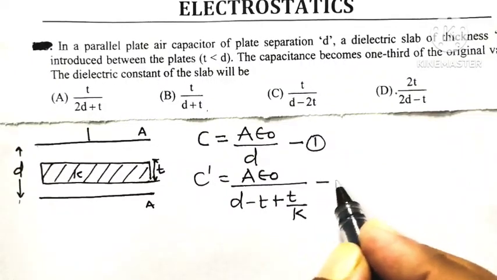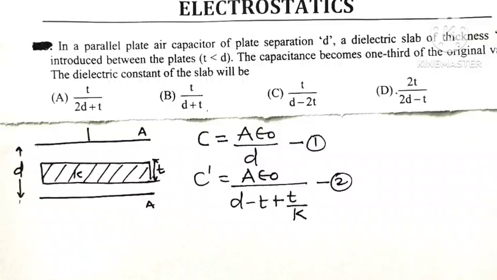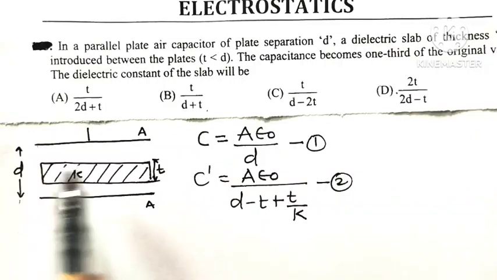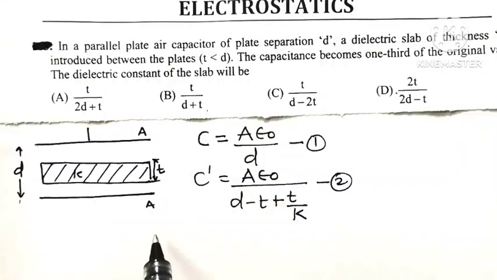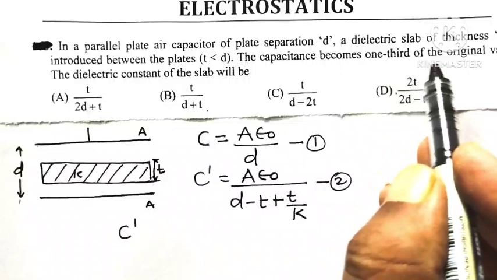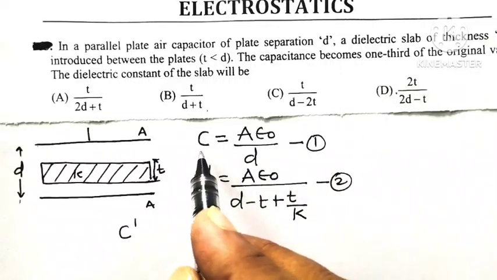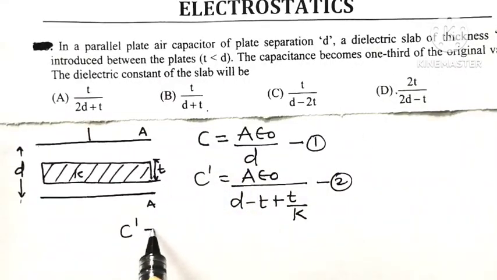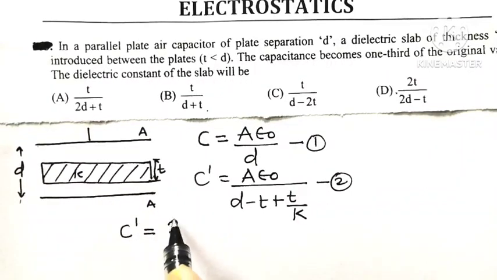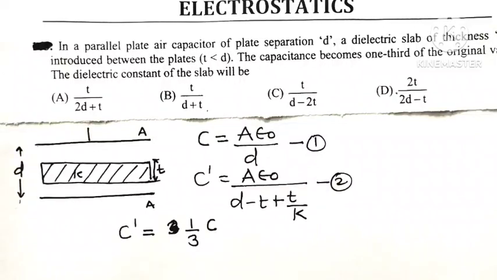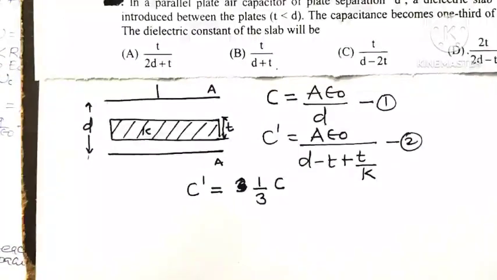This is the capacity of the parallel plate condenser after the introduction of the slab, and it was given that after the introduction of the slab, the capacity is 1/3 of the original value. The original value is C, so the new value C dash is 1/3 of C. So let us put the value of C dash.